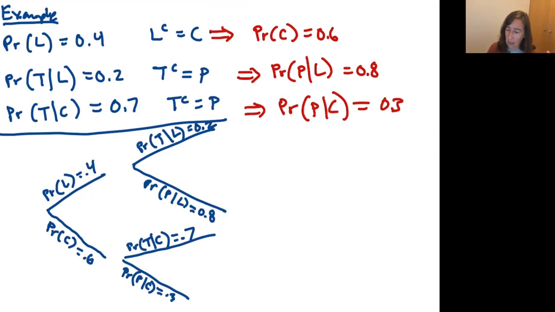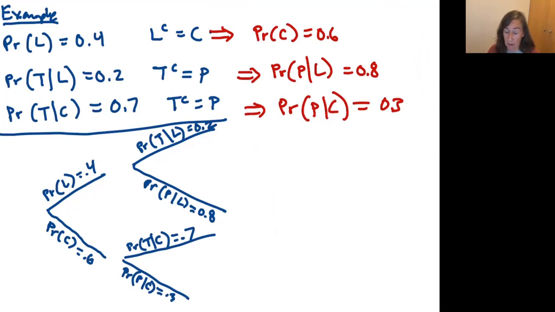What I've now got in the tree is everything. All I've done is take these numbers and organize them into a tree. But the tree structure is nice because if we want to calculate the joint probabilities, we've got paths leading to each of them. You're liberal and you're traditional.